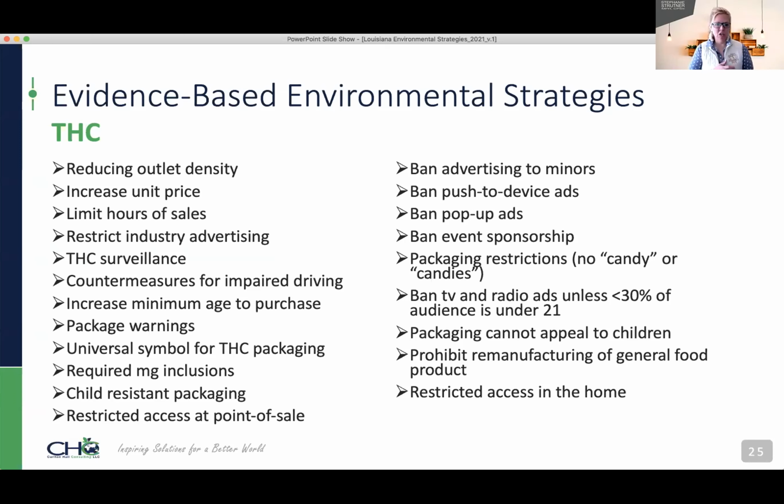Again, increasing unit price, very similar to some of the alcohol and nicotine policies, limiting hours of sale or restricting industry advertising, surveillance of use, countermeasures for impaired driving, and we're really playing catch up as a country with respect to THC impaired driving because of the difficulty in the field sobriety test for that.